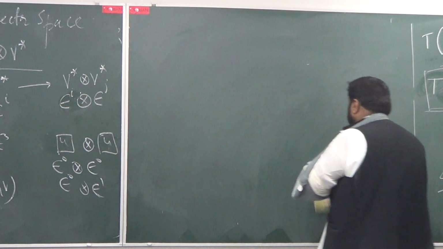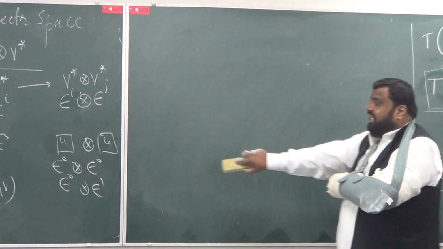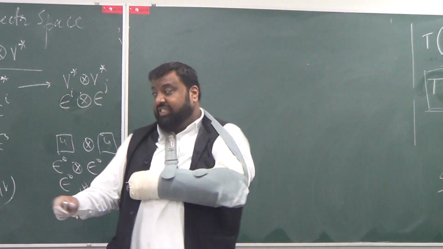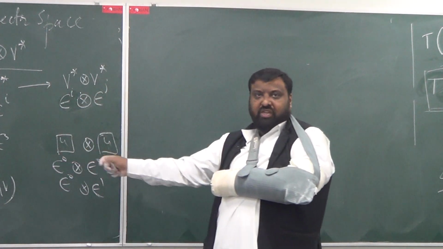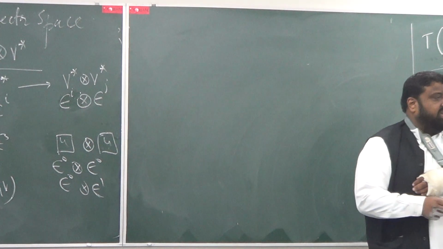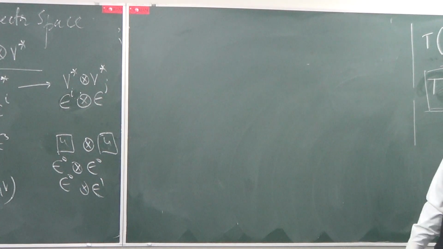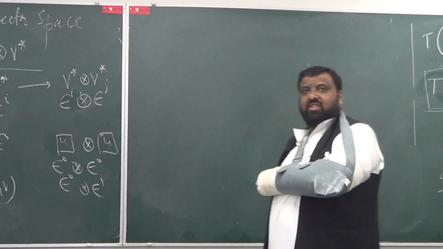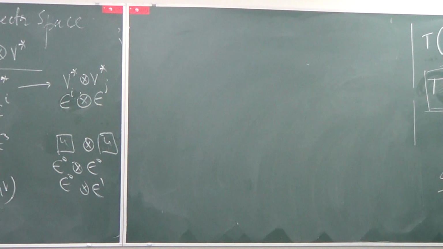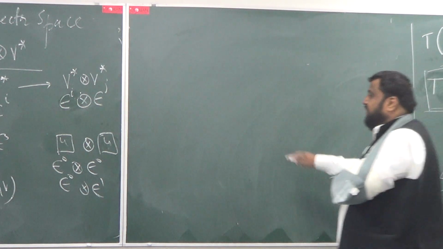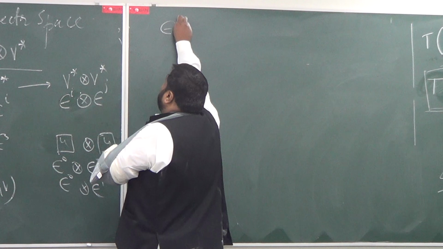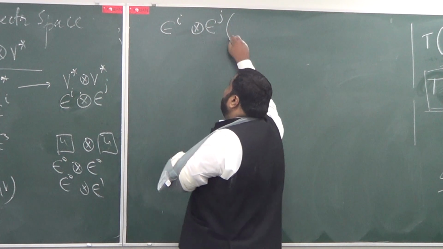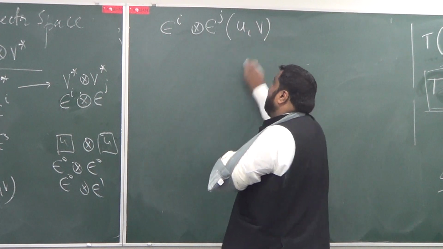I'll be interested in how these bases are going to work on an abstract ordered pair. Because if you know these, then you can take a bilinear form and write it in terms of these bases. This is what we would like to have. So take epsilon i tensor product epsilon j, and operate it on u and v.